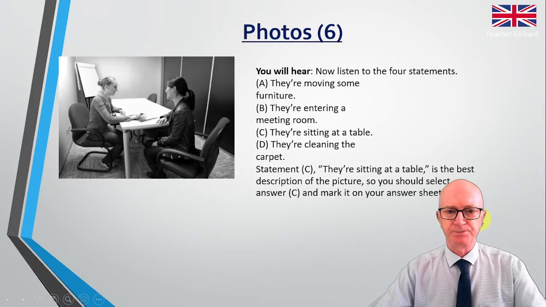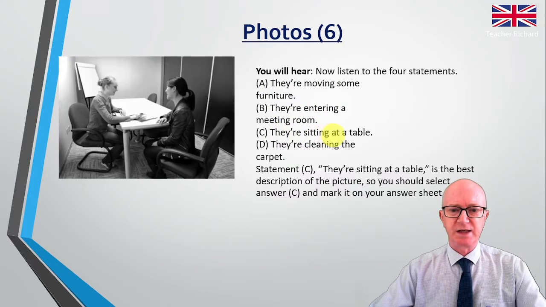answer the question. You will hear 4 statements and the statements will say something about the people or the room. For example, here: they're moving some furniture, they're entering a meeting room, they're sitting at a table, they're cleaning the carpet. You listen to those 4 statements and you have to choose. Only one of them is correct. We can see here, statement C, they're sitting at the table, is the best description of the picture.